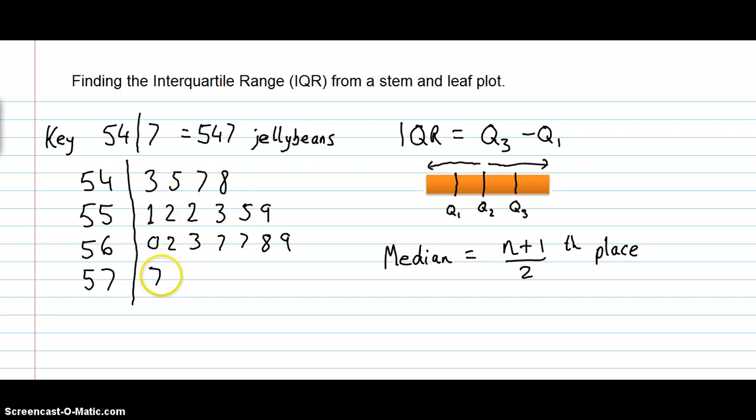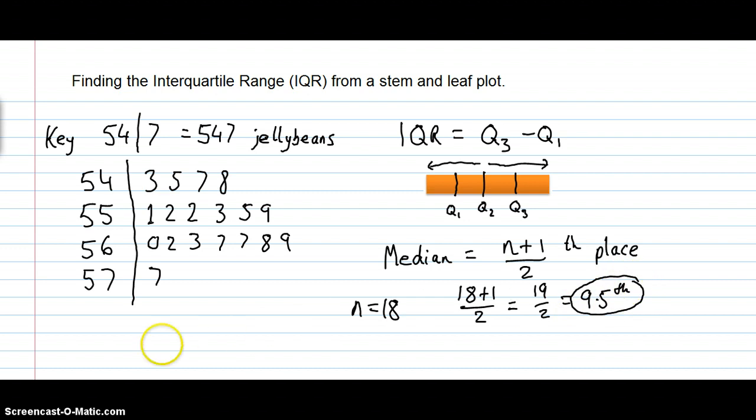And when we count the leaves up, we find that there's 18. N equals 18 for this data. So in our equation for the median, we're going to have 18 plus 1 divided by 2, which equals 19 divided by 2, which equals 9.5. So we're looking for the 9.5th place in the data.